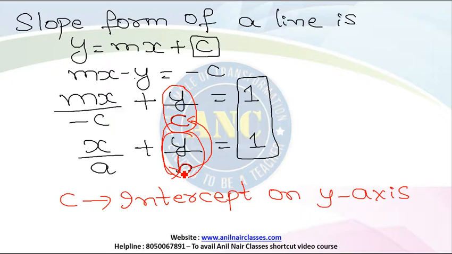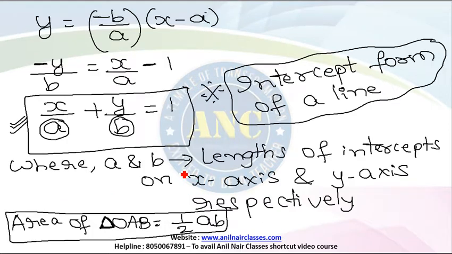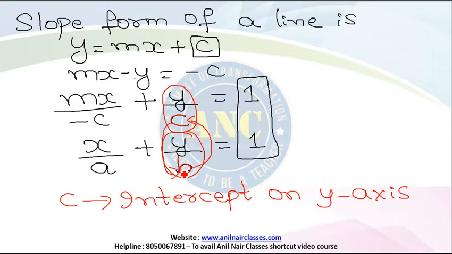Do not get worried about it, or do not get confused about it, is what I personally believe, sir. I believe that the idea is very, very clear with the slope form of a line and intercept form of a line also, whatever we have discussed. X by a plus y by b is equal to 1 is nothing but called the intercept form of a line. I hope the idea is very, very clear for you people before I move on to solving some problems on this concept.